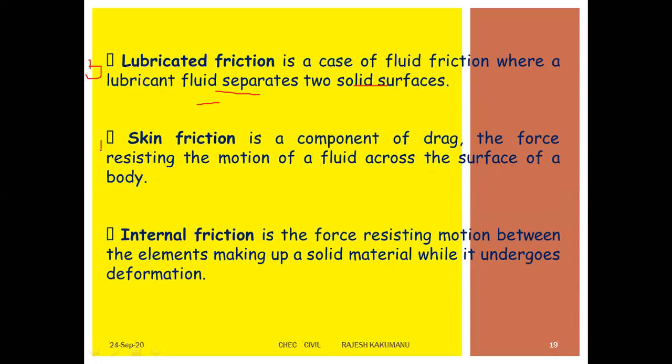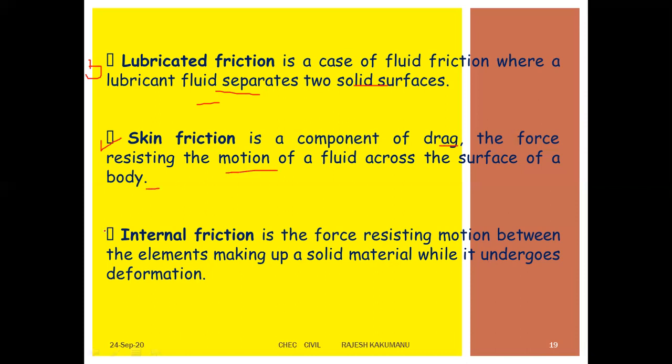Next, skin friction. Next one is skin friction. It's a component of drag. The force resisting the motion of the fluid across the surface of the body. Right? The skin friction is a component of drag, the force resisting the motion of the fluid across the surface of the body.